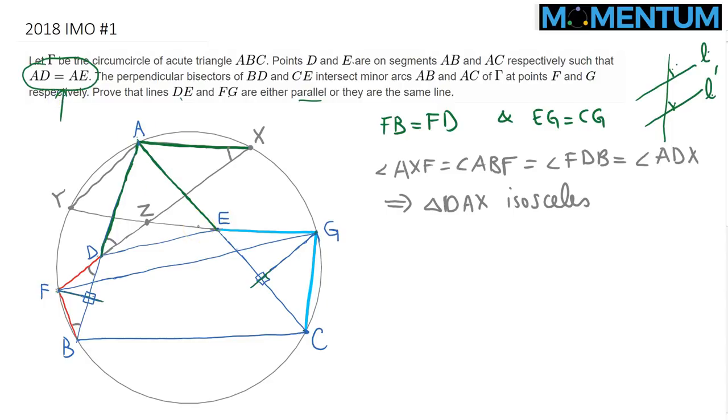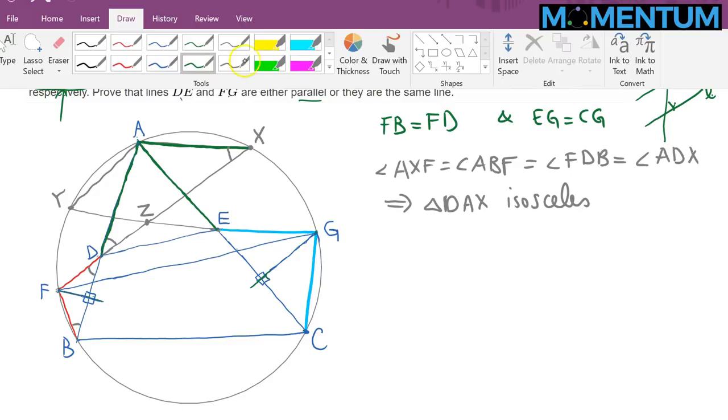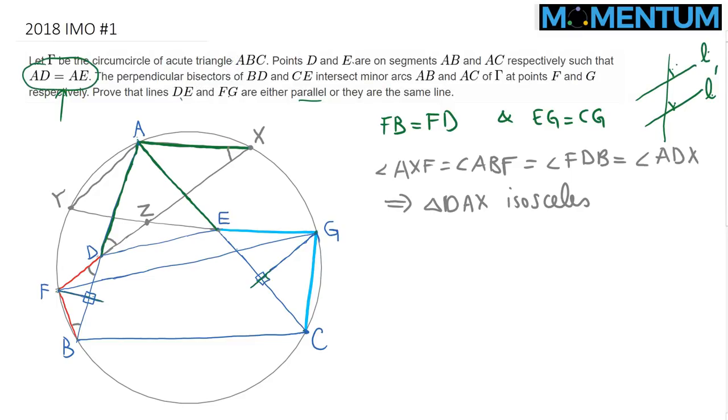Well, I can do a similar analysis on the other side. Let's quickly do that. If you check angle AYG, this angle is congruent to angle GCA, because it subtends minor arc AG. But GCA is equal to GCE, which is equal to GEC, and by vertical angles, GEC is equal to AEY.